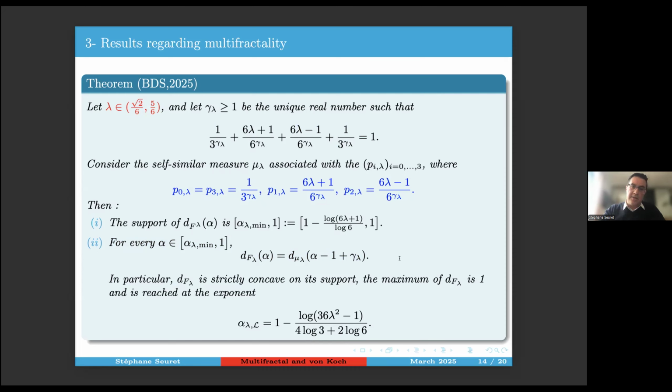And in particular, it's a strictly concave function, and the maximum of d lambda is given by this value. And from this value, you can see that there is a cutting point at 1/6, because if lambda is equal to 1/6, or is below 1/6, then the log does not make any sense, right? And so it means that our analysis does not work anymore.